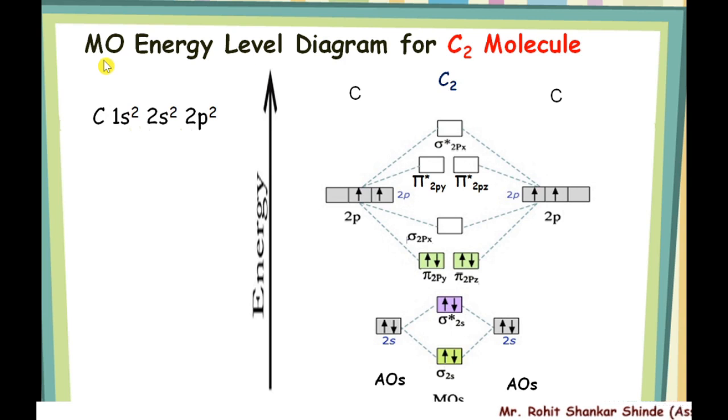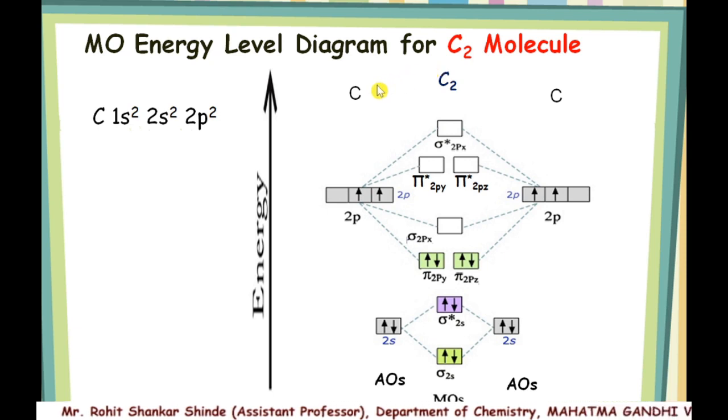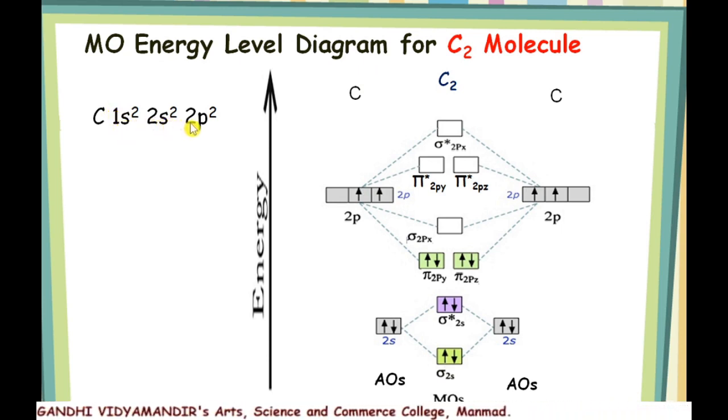Let us see the MOT diagram for the C2 molecule. The C2 molecule is formed by combination of two carbon atoms. Each carbon atom has electronic configuration 1s2, 2s2 and 2p2. The 1s orbital is lower in energy, so it does not take part in bonding.